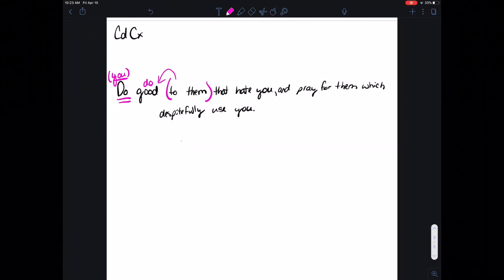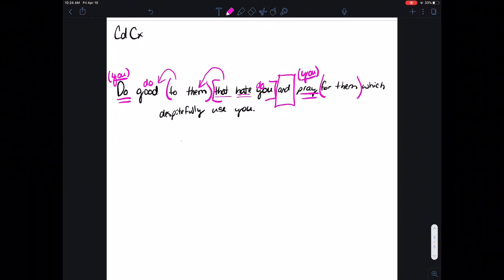All right, that hate you is a clause. And it is actually an adjective clause because it's modifying them. Inside of it, that is your subject. Hate is your verb. Hate is an action verb, so you is going to be a direct object. All right. Now, we have a comma and a coordinating conjunction, even though I just drew over my comma. So I'm going to box that just so I know this is a compound sentence, okay? Pray is your verb. Who or what pray? You understood again. Okay.